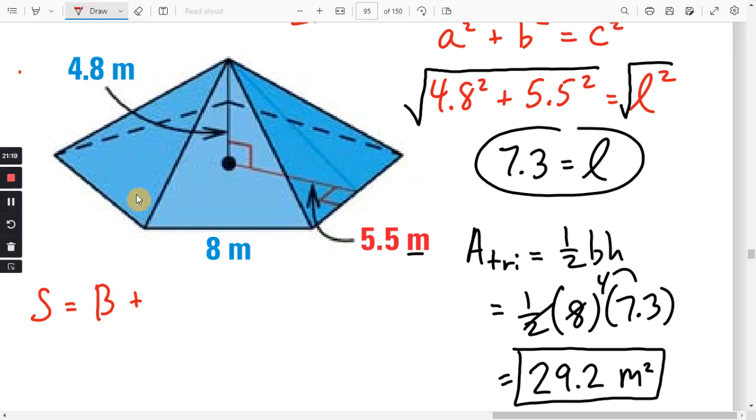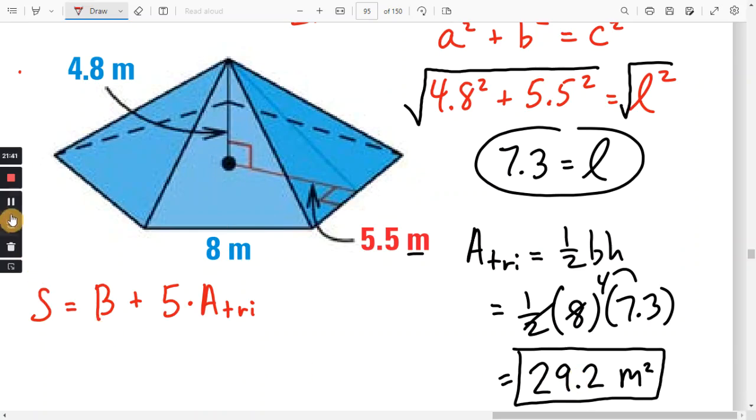And then since this is a pentagon, it's going to be 5 times the area of each triangle, which we already found. So use 1/2 apothem times perimeter for the base and 5 times the area of each triangle, and you'll have your surface area.